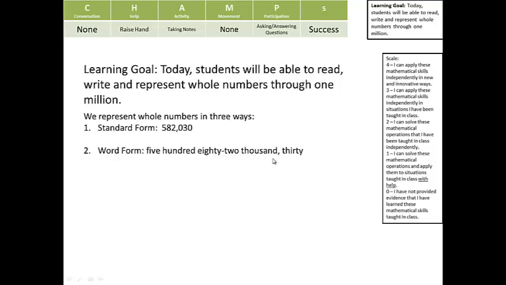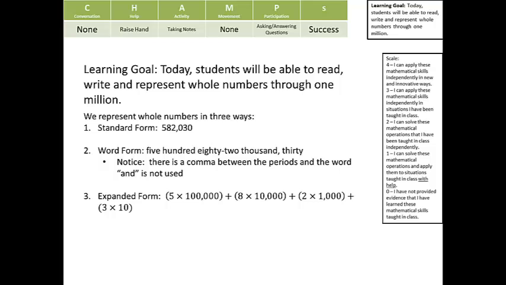That's because that represents a period, that thousands period that we just talked about on the previous slide. So we put the comma there when we write it in written form. So here's that reminder. There is a comma between the periods, and we do not use the word and.